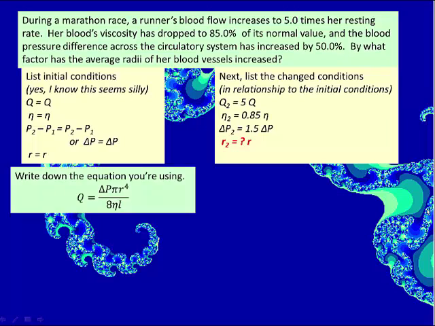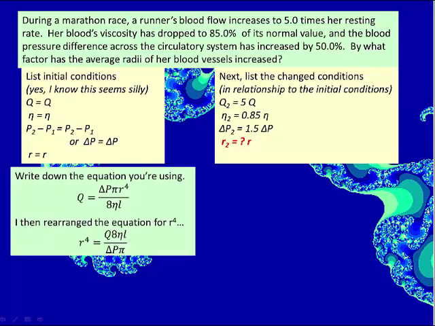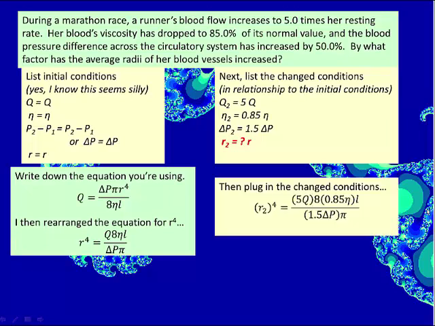Okay, you're going to write down the equation you're using, and then I rearranged it for r to the 4th. We could do it to the 4th root of r and just have r equals the 4th root, but I didn't want to carry that symbol all the way through. And then I plugged in the changed conditions.